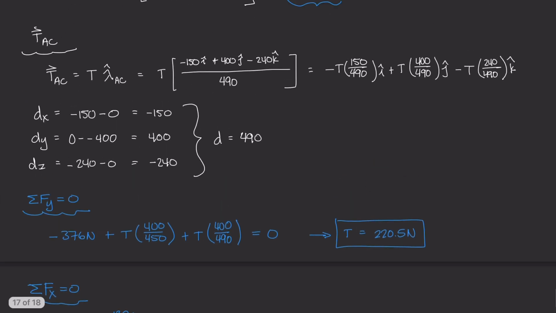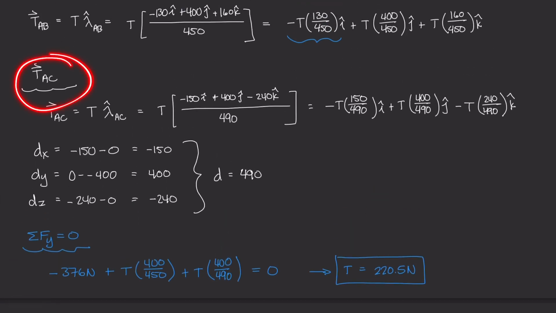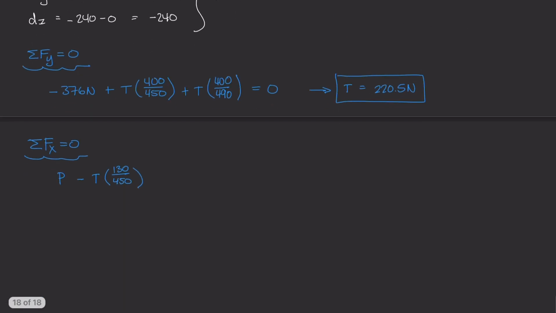And then for tension of AC, our x component was this value right here. It's negative t times 150 over 490. And those are the only force and force components in the x direction. Now, we already know what t is, right?